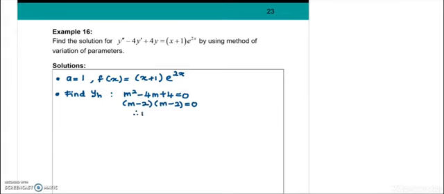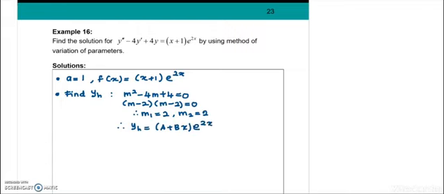Therefore we have m1 equals 2 and m2 is also equal to 2. In this case, we have equal roots. In that case, our y_h is going to be (a + bx)e^(2x).